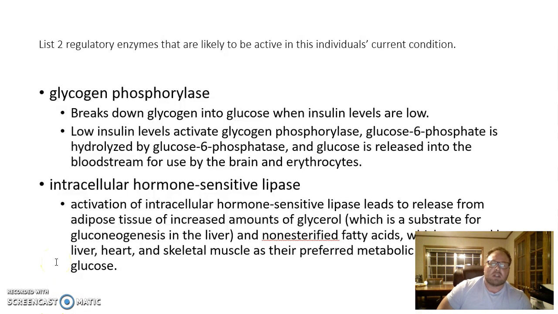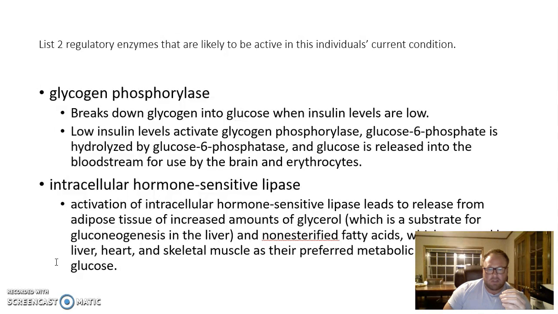And then the other enzyme that's activated by the presence of low insulin is intracellular hormone sensitive lipase. Basically what this does is it signals the adipose tissue to release the glycerol and fatty acids, because there is a lack of free energy in glucose in the blood or glycogen.